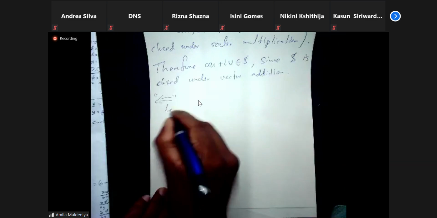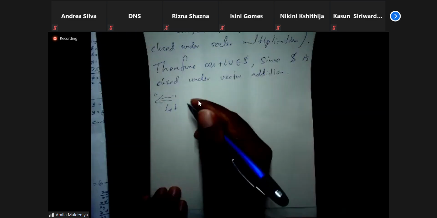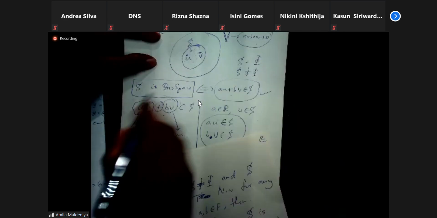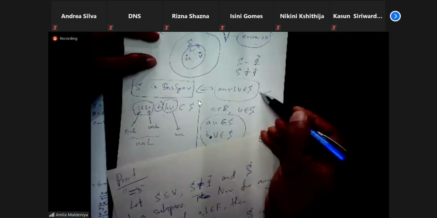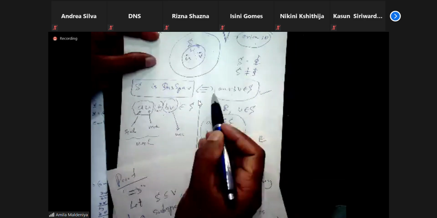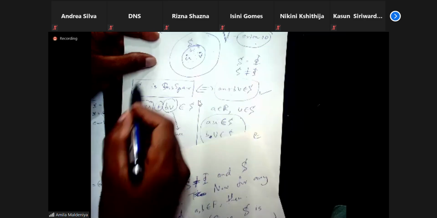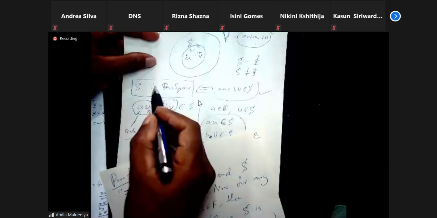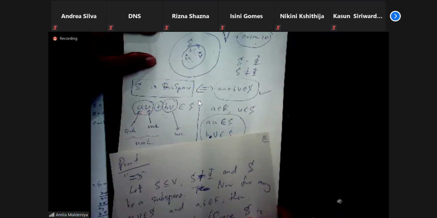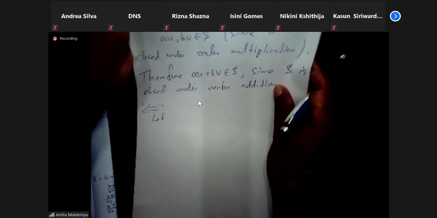So now the other part is, suppose S satisfies this condition. Then we want to prove S is a subspace. That means if S satisfies this condition, we have to prove S satisfies all the 10 axioms. That's the way to prove. That should be the proof, right? So let's start.